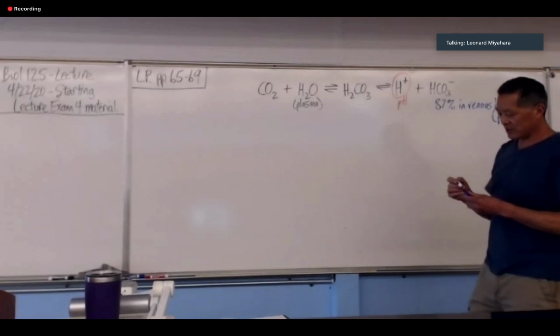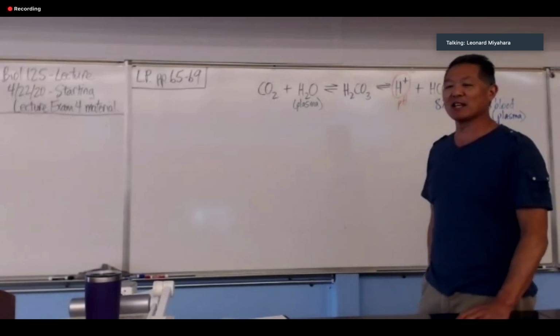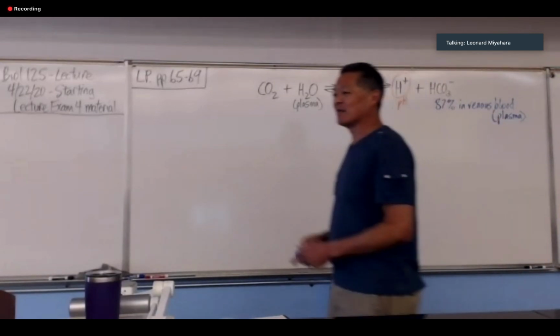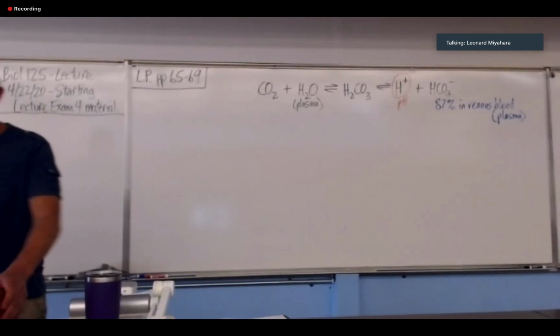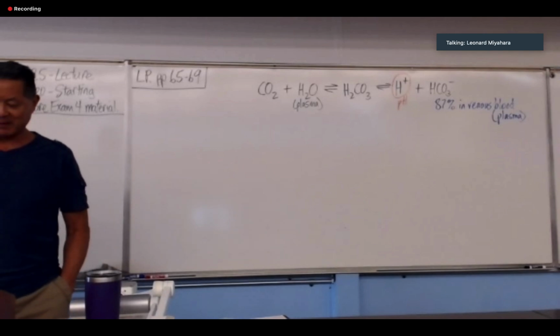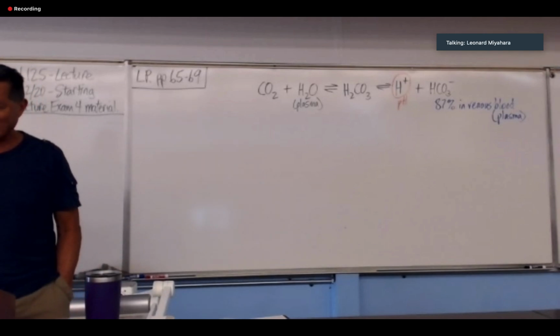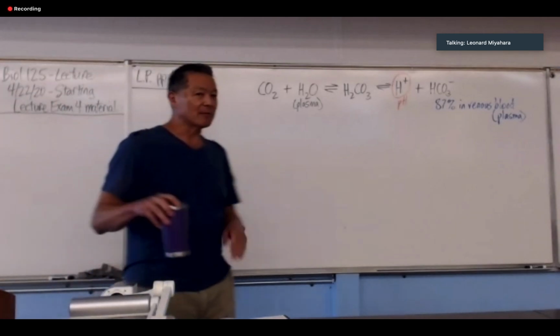So in arterial blood, the vast majority of oxygen is in the red blood cell. In venous blood, the majority of CO2 is in the plasma in the form of bicarbonate ion. Okay, and then you see in that box that same figure that I have up here on the whiteboard. Second, 7.2% is actually in the red blood cell.